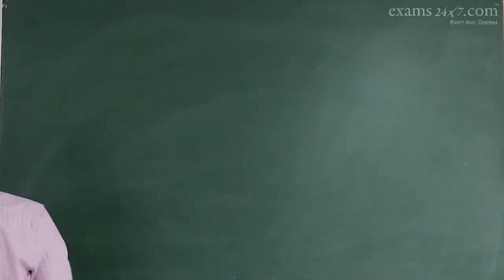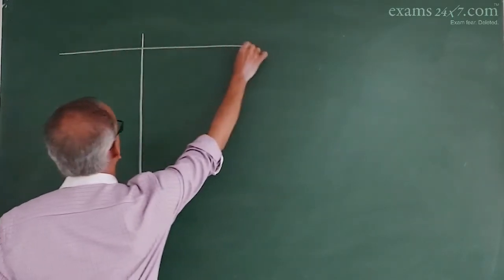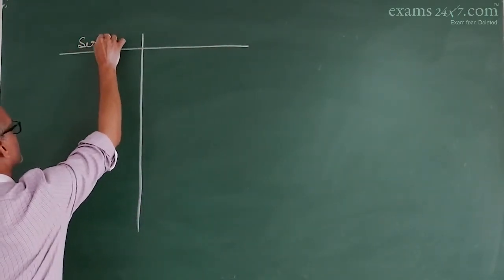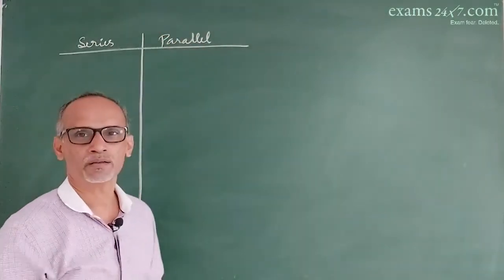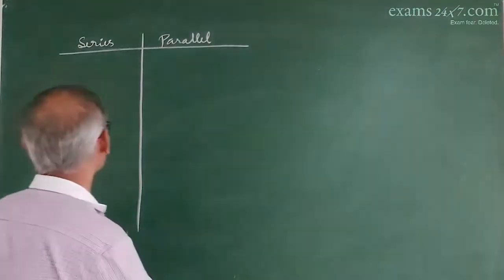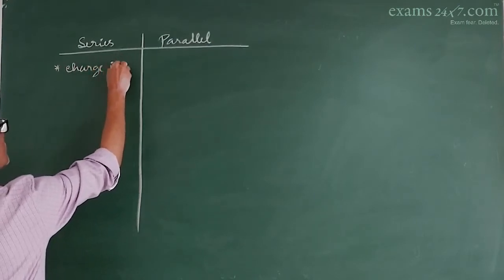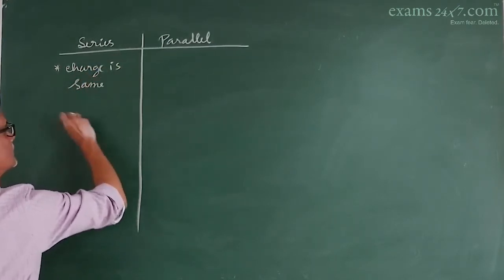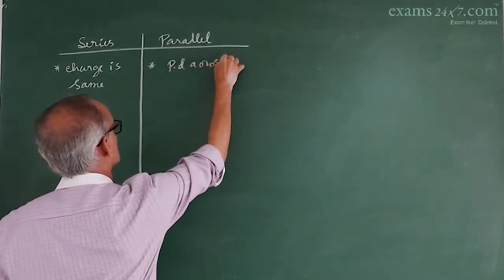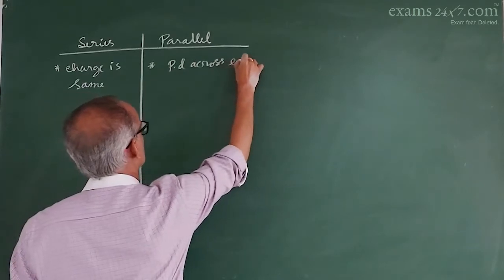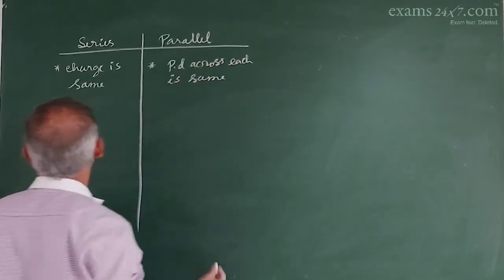The next important topic is the combination of capacitors. There are basically two combinations. One is the series combination of capacitors, and the other is the parallel combination of capacitors. In series combination, charge is the same on each capacitor, whereas in parallel combination, the potential difference across each capacitor is the same.